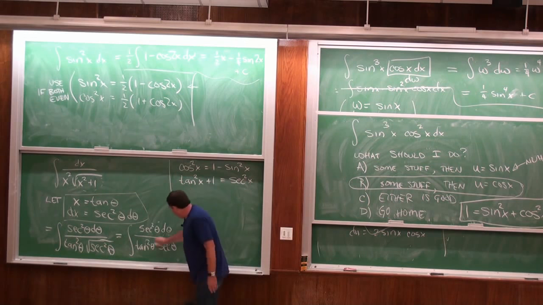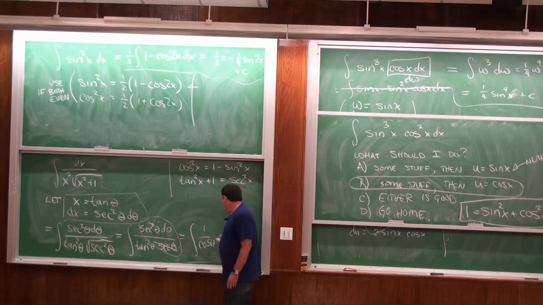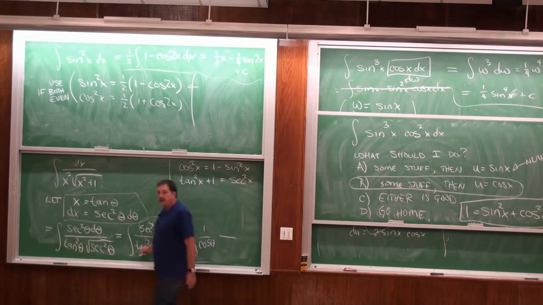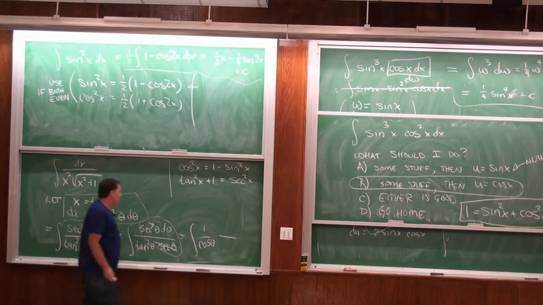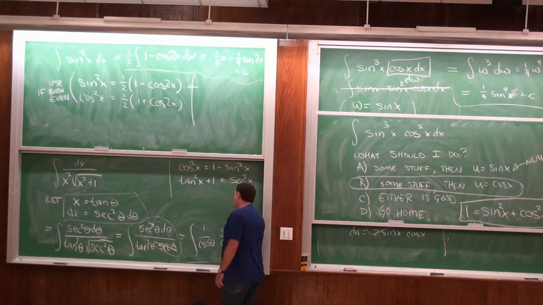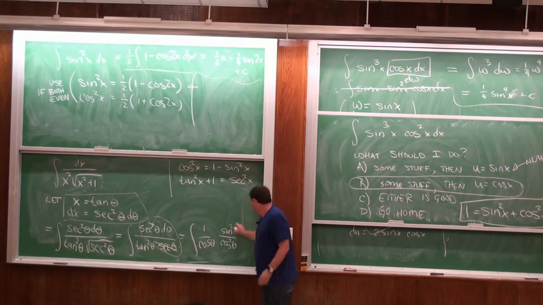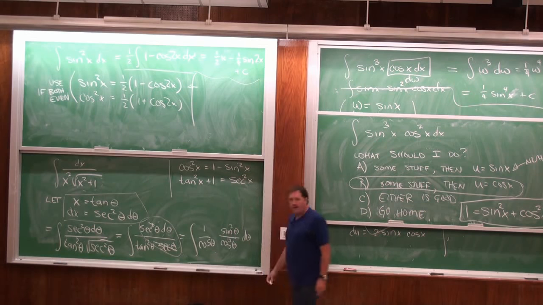And actually, first I'm going to cancel this guy with that. So that gives me a 1 over cosine. That's from this bit. And then I'm left with, well, tangent is sine over cosine, so that gives me a cosine on the bottom and a sine on the top. Squared.